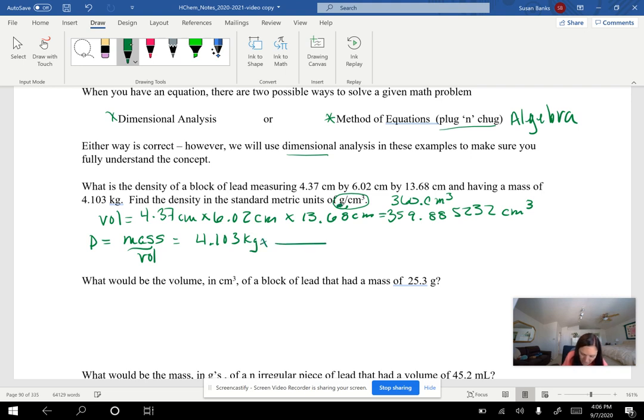So let's convert that. 1 kilogram is equal to 1,000 grams. And now I can divide it by the volume, which is 359.885. So I'm going to take 4.013 and multiply it by 1,000.